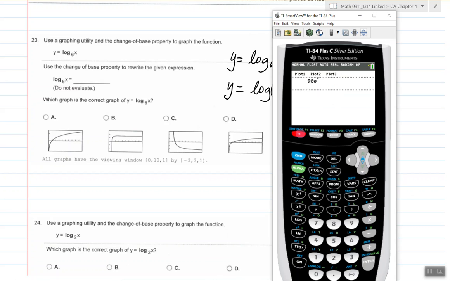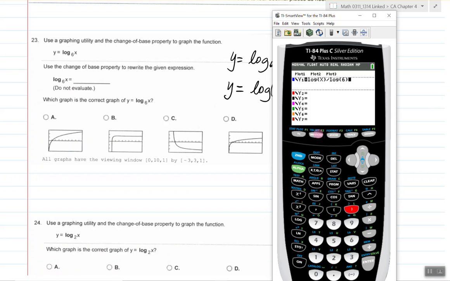Let's go to the y equals, and type in the common log of variable x, close parentheses, divided by the common log of just the old base 6.